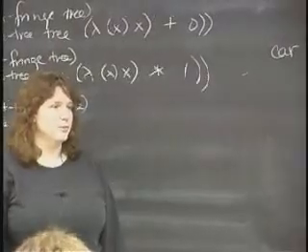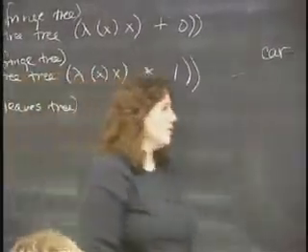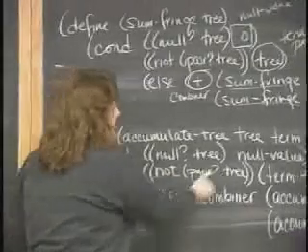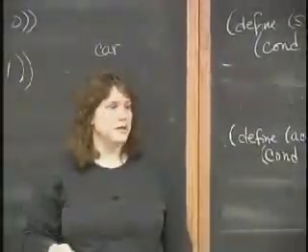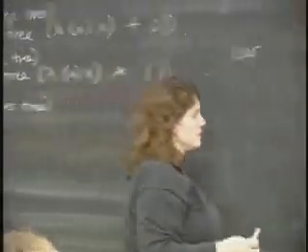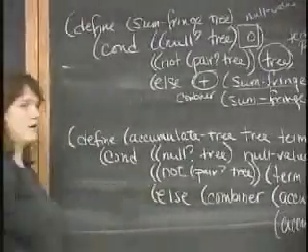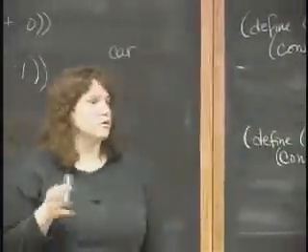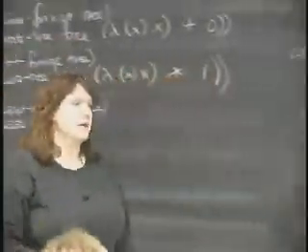We're going to get an error because we don't have a pair, and we can't apply car to something that isn't a pair. So we can't use car as our term, because when we're using term, we know that we don't have a pair.